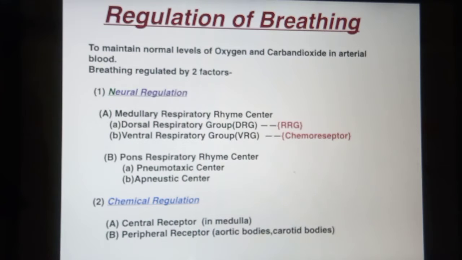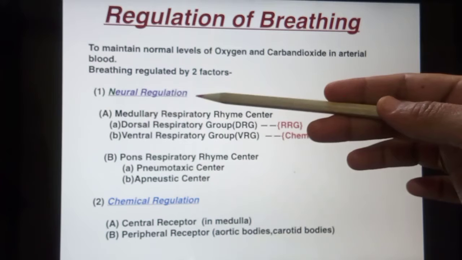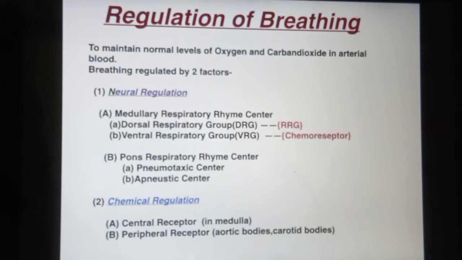They regulate by two factors: neural regulation and chemical regulation. So what is neural regulation? You can understand by the name. Neural means nervous system. It is controlled by the nervous system, which is divided into three parts: forebrain, midbrain and hindbrain. Only the hindbrain regulates the breathing. Which parts regulate?